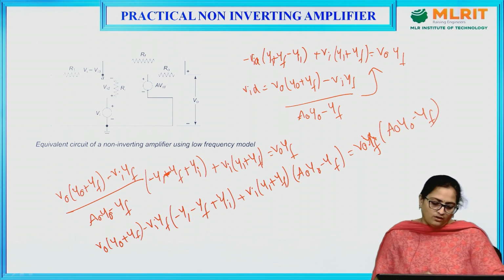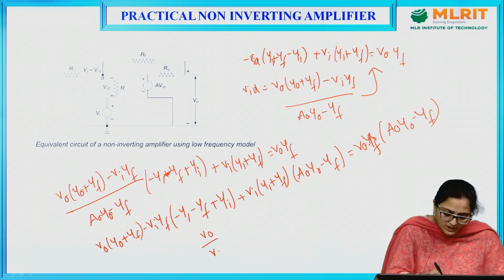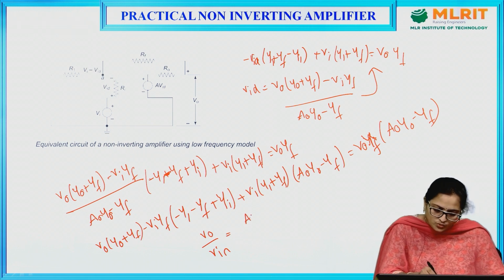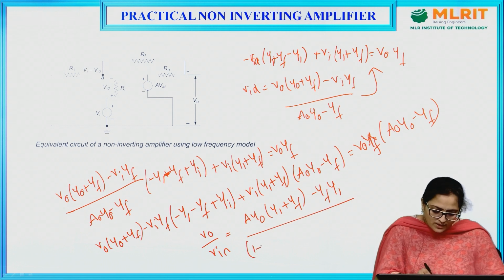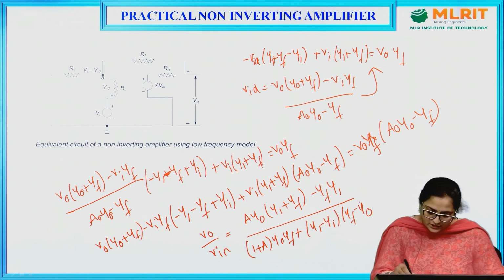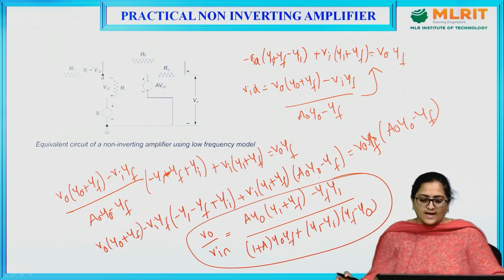If you solve this expression and get it in terms of V naught by VI, it will be like A into Y naught into Y1 plus YF minus YF YI divided by 1 plus A into Y naught YF plus Y1 minus YI into YF minus Y naught. This is the gain of a non-inverting amplifier.